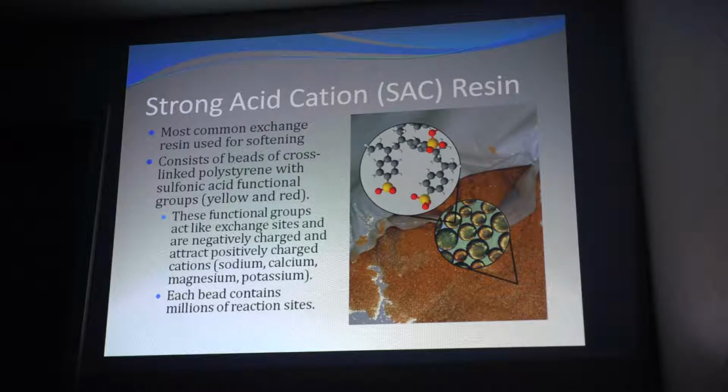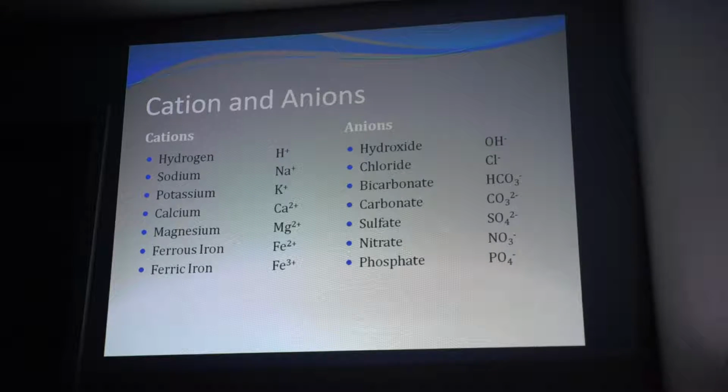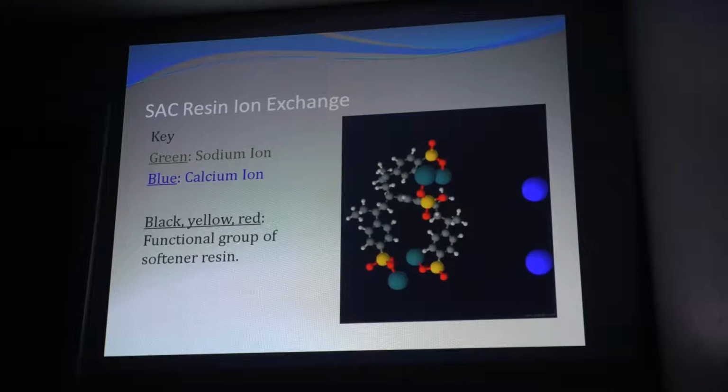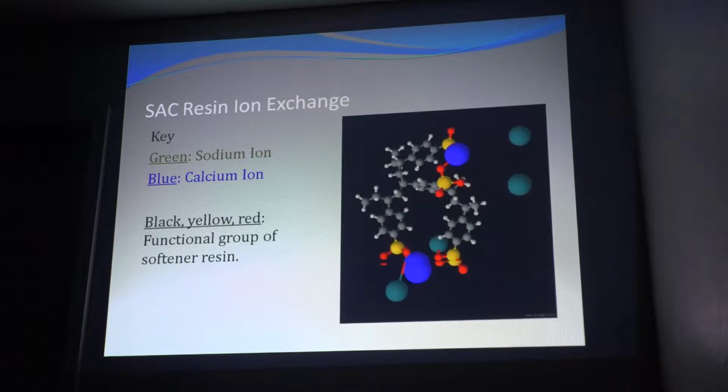Each bead, if you look at the molecular structure, contains millions of reaction sites. And we have listed here the most common cations and the most common anions. You don't have to commit these to memory right now, but you will learn it the more you use it. Here you'll see SAC resin.